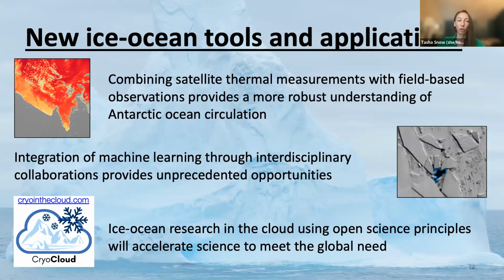We can use machine learning and collaborations with people who are in data science and outside to provide unprecedented opportunities for studying these small features across the continent in new ways we haven't been able to do before. And also, with the big data that we have, we can use the cloud and open science principles to really accelerate science to meet the global need.